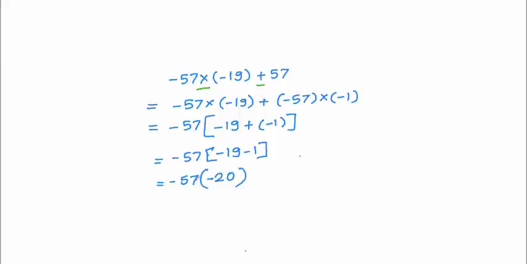So minus 57 multiplied by minus 20. Let's multiply the weights. 57 twos are 114 and 0, 1140 is the answer of the weights multiplication. Signs: I see minus here, two minus signs means an even number of minus signs result into plus. So the answer is plus 1140.